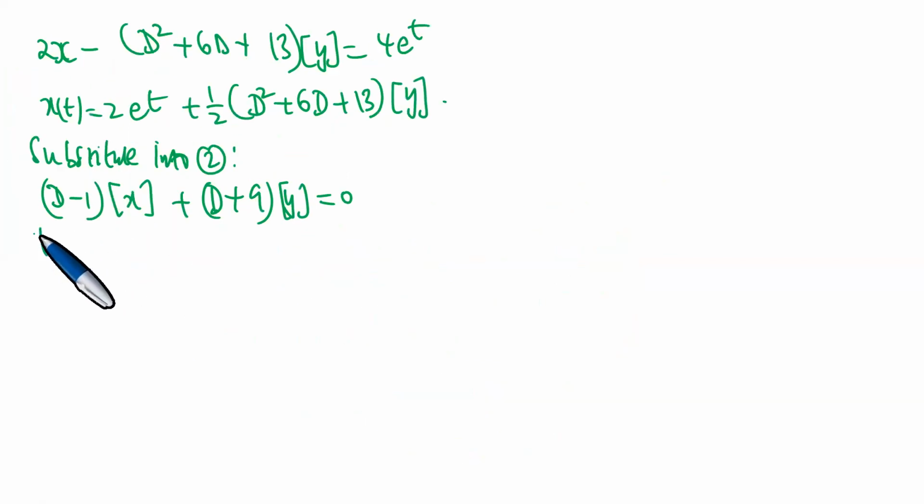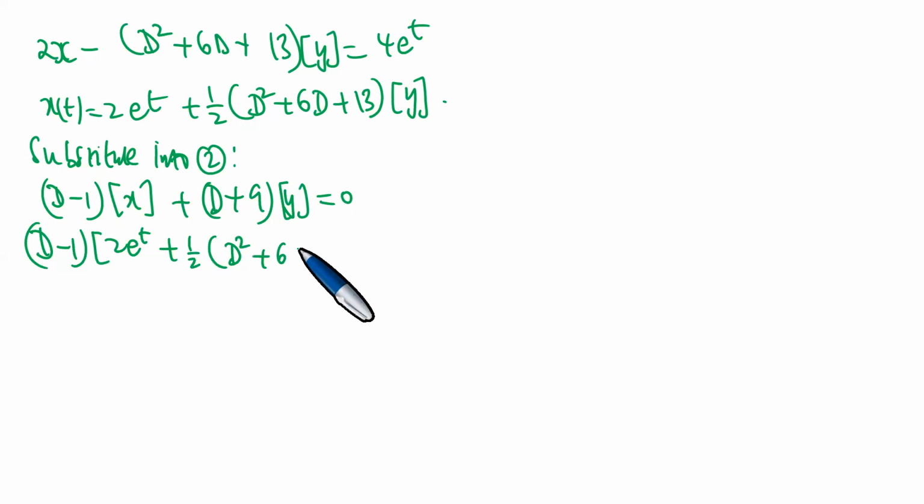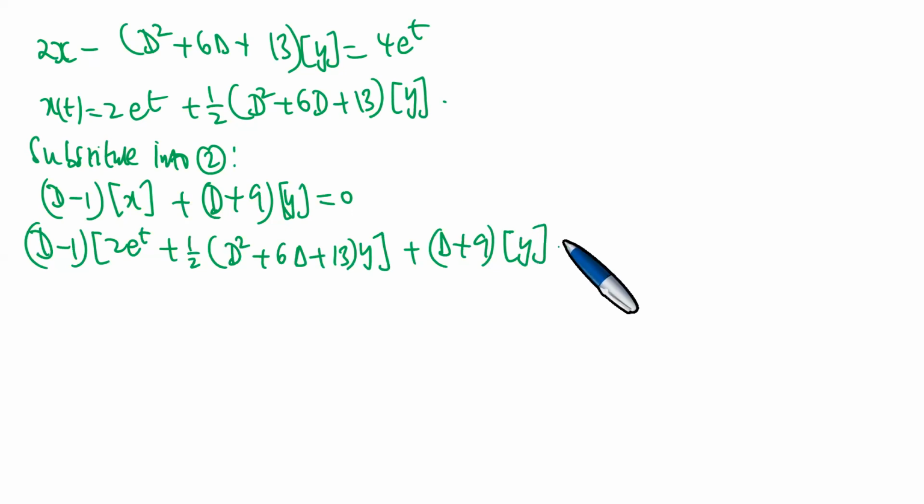Which means that you have d minus 1, and the x you substitute. What is the x? The x is 2e to the t plus 1/2 d squared plus 6d plus 13, plus d plus 9 y equals 0.